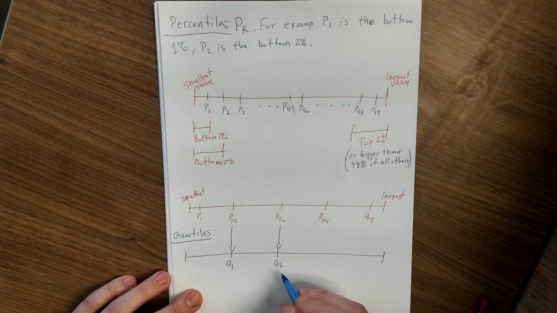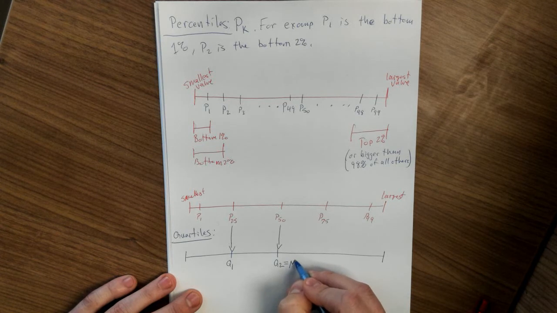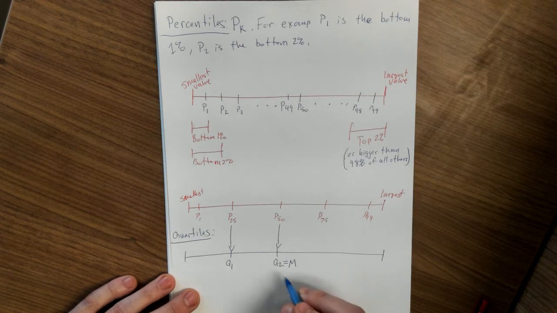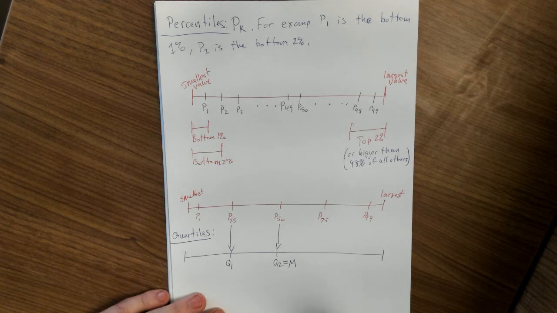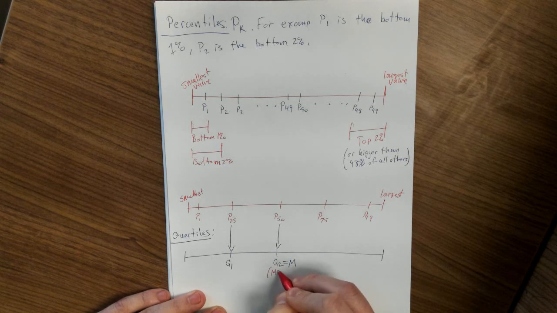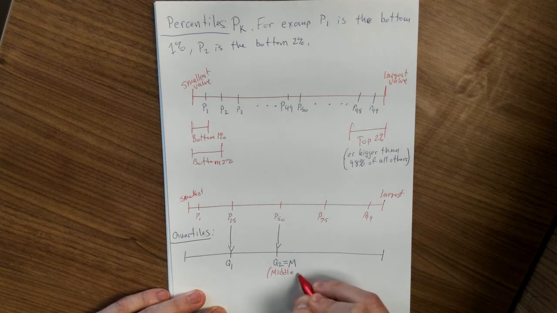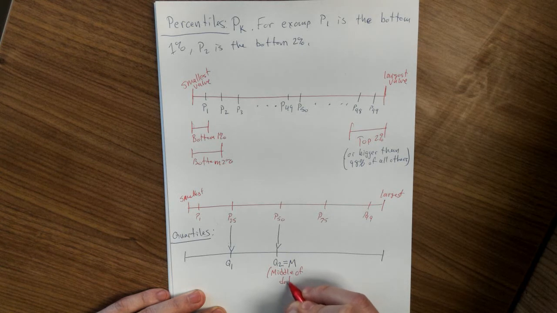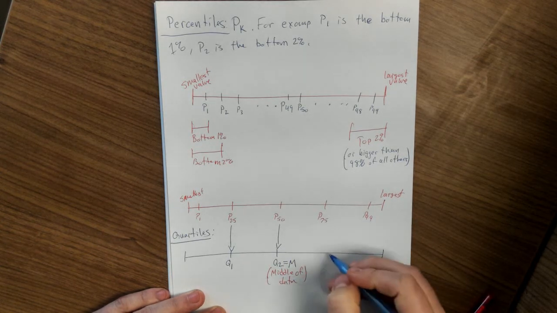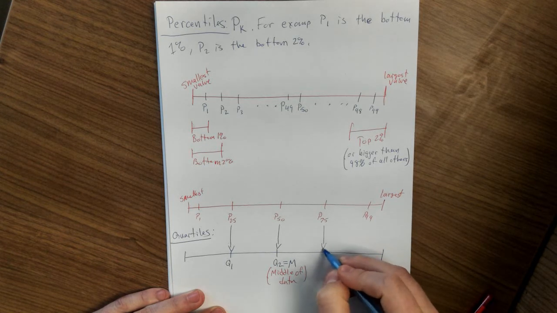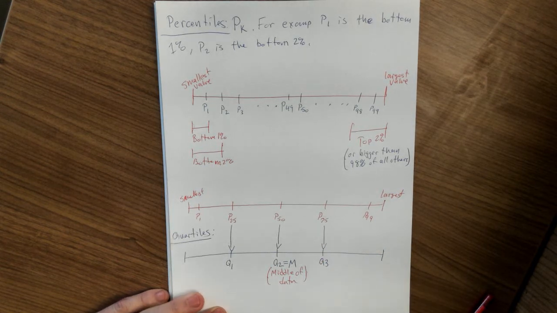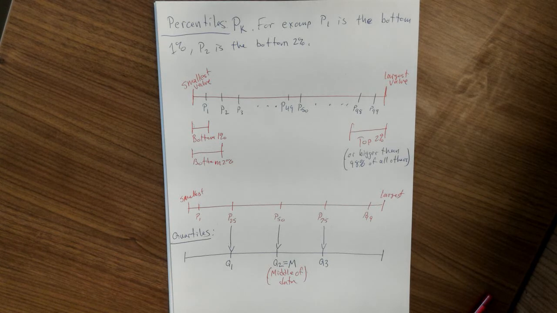Q2, the second quartile, is also labeled as M. M is our median. It's the middle of the data, or observations. I'm just going to say data here. And then the last one we'll be interested in is Q3. So that's how quartiles are divided.